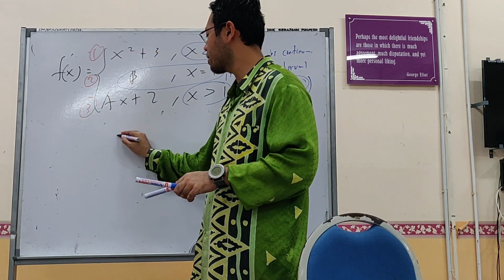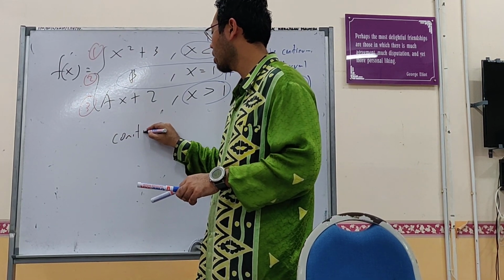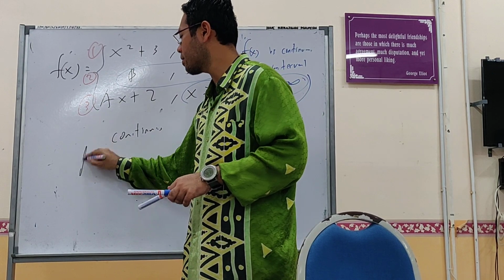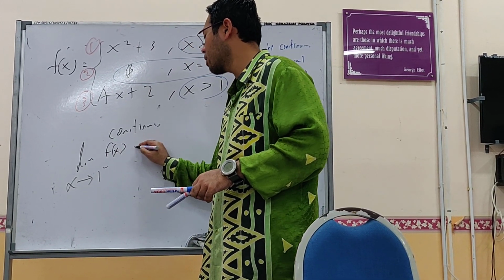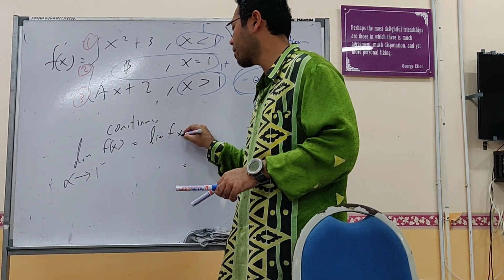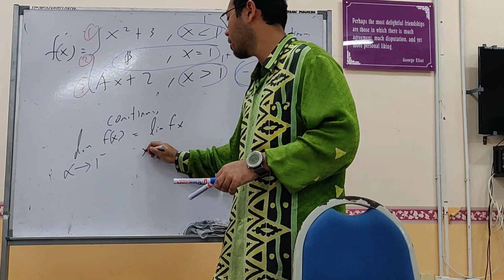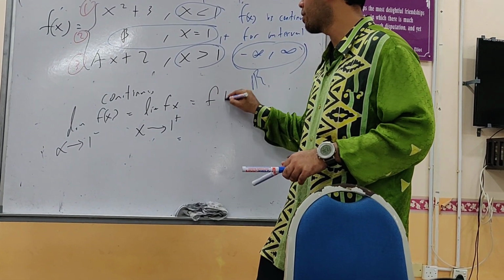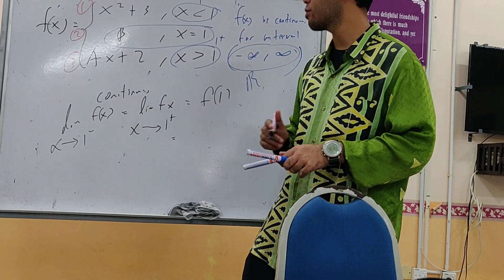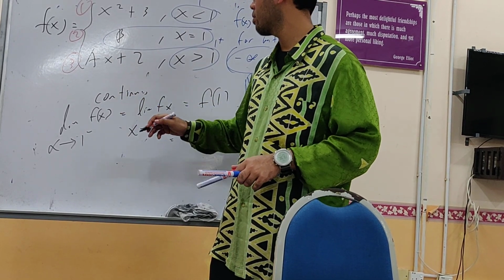Since I know it's continuous, I satisfy the limit of f(x) as x approaches 1 from the left, the limit as x approaches 1 from the right, and f(1). Since it's continuous, it satisfies all of this.